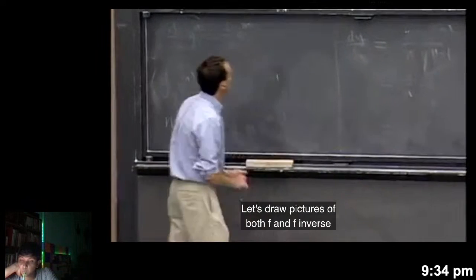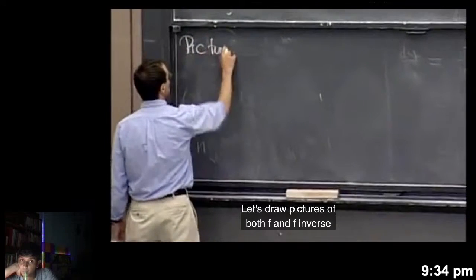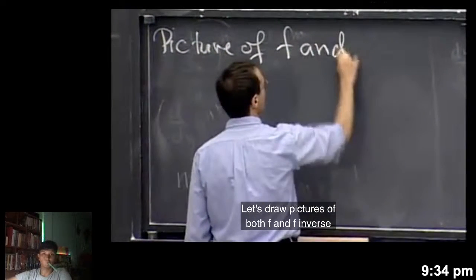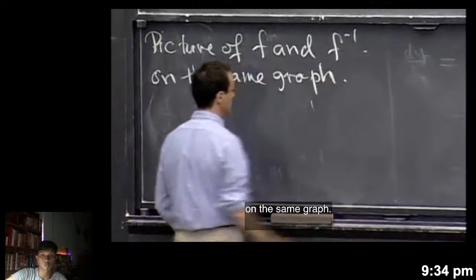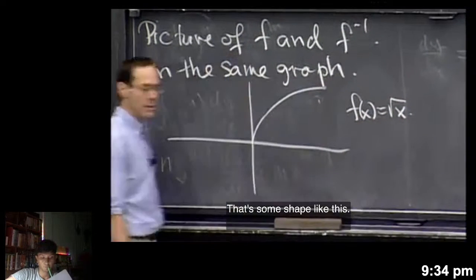So let's draw a picture of both f and f inverse on the same graph. That's some shape like this.